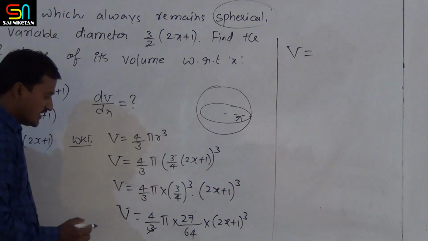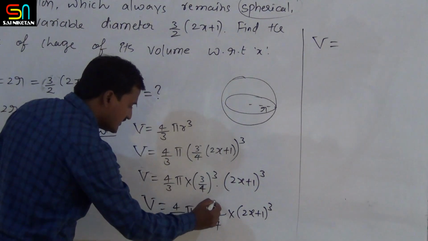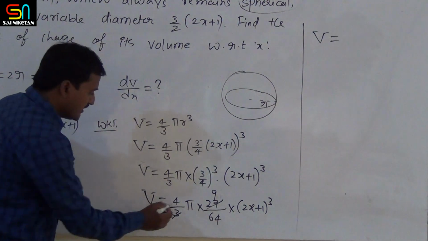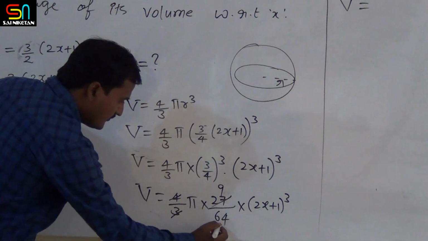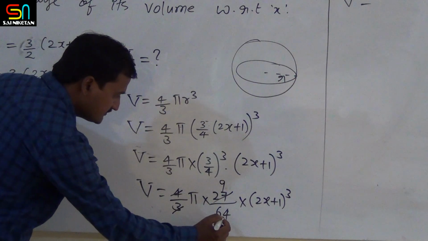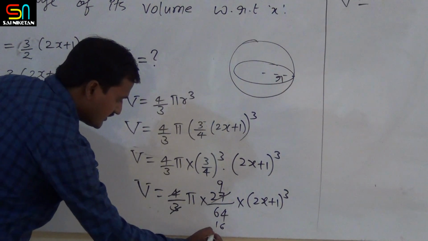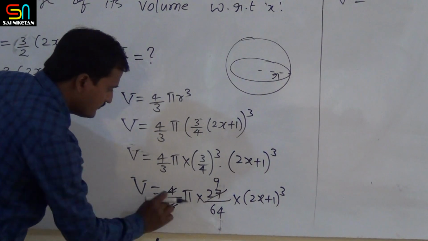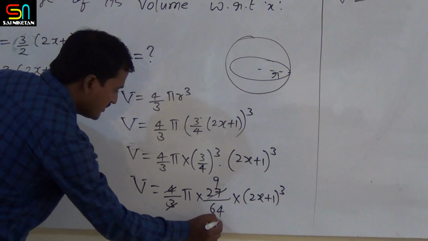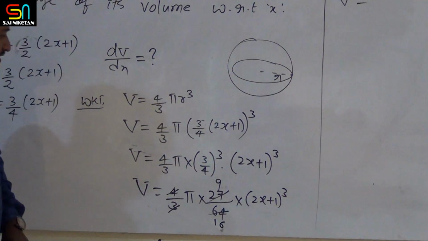Here it is 3 ones are, here it is 3 nines. Again here it is 4 ones are, here it is 4 ones are. So clearly it is 9 divided by 16.